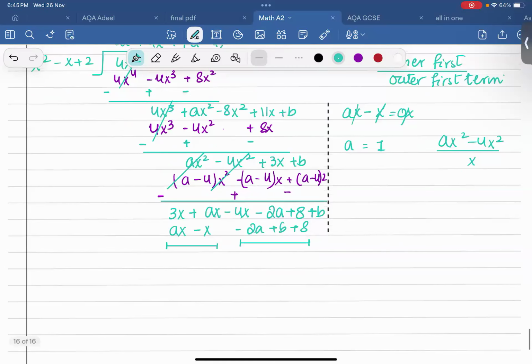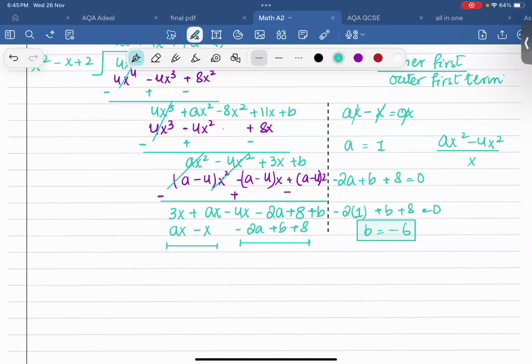And then for b, negative 2a plus b plus 8 is equal to 0. Just put 2 in, so negative 2 plus b plus 8 is equal to 0, and b becomes negative 6, right? Is that clear?